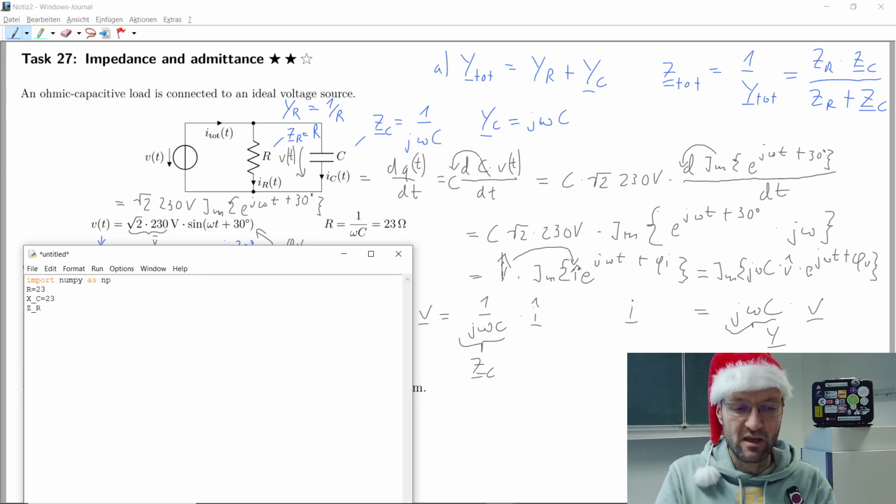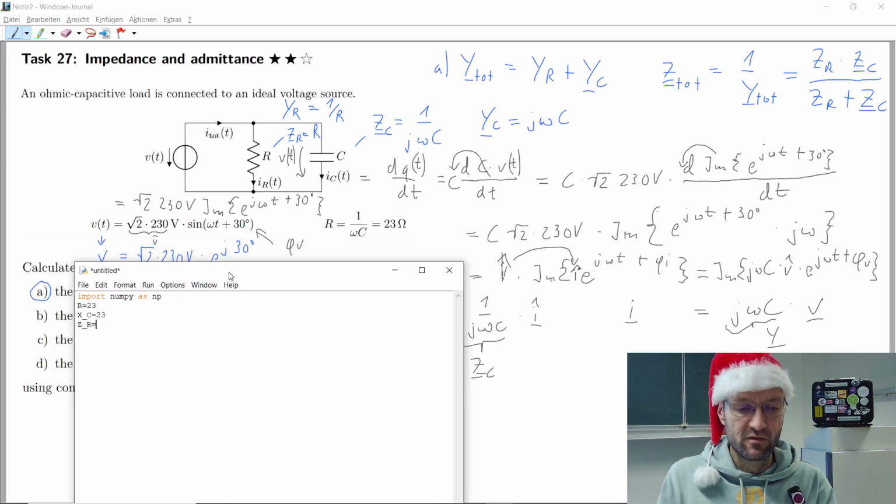And now we can say, okay, the impedance of the resistor is the same as the resistance. The admittance of the resistor is the same as 1 over R. The impedance of the capacitor is minus 1j multiplied with this reactance.